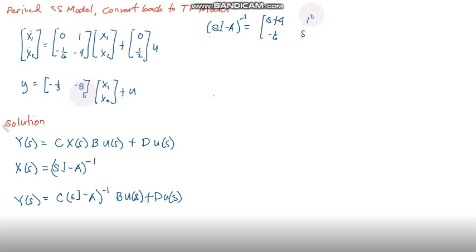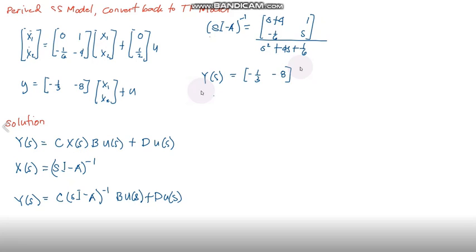Of course, using the same procedure, and since we have the same matrix A as earlier, and we have already solved the sI minus A inverse earlier, we simply copy it here.